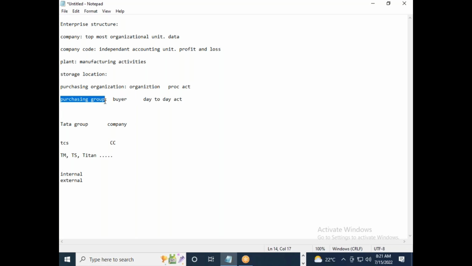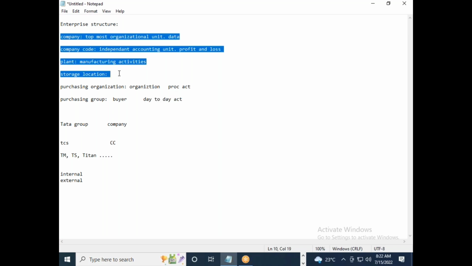A buyer is a person who is going to monitor the day-to-day activities. That is the definition of a purchasing group in material management. So this is our enterprise structure that we are going to have in material management.